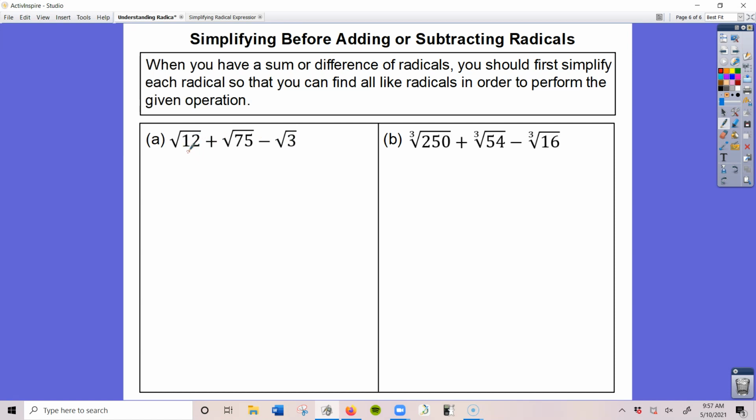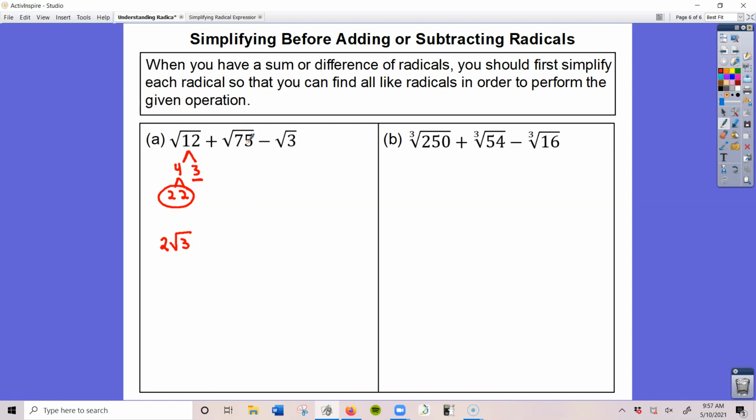The square root of 12 can be broken down to 4 and 3. And then 4 can be broken down to 2 and 2. So this 2 gets to go outside and the 3 will stay on the inside. So this radical will be written as 2 square root of 3.